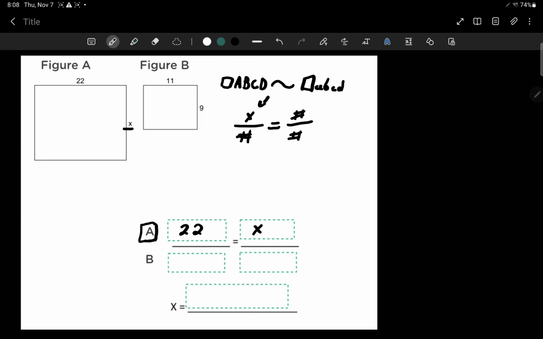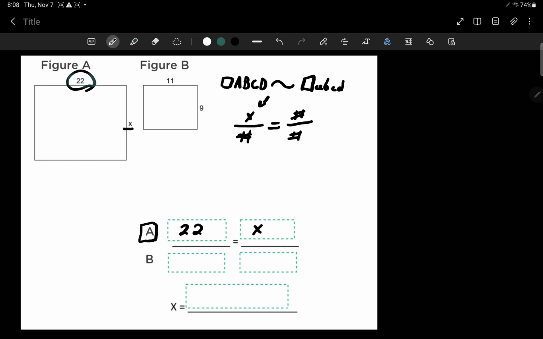Now, what matters is what you put below them. You have to look for the sides that are similar to those that you just placed. For example, right here, I placed 22. I don't know why it's not marking there, but we have this 22. And we have to think about it like, what side is similar to 22?